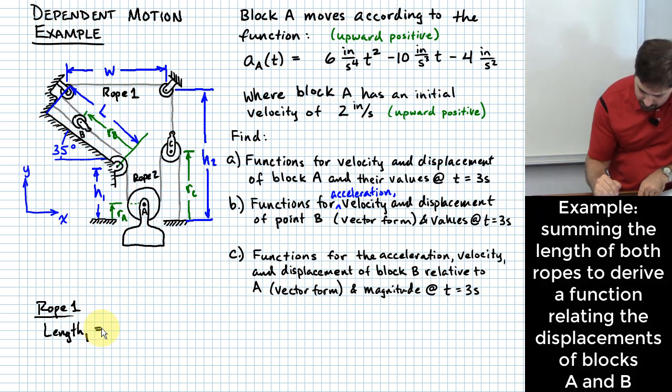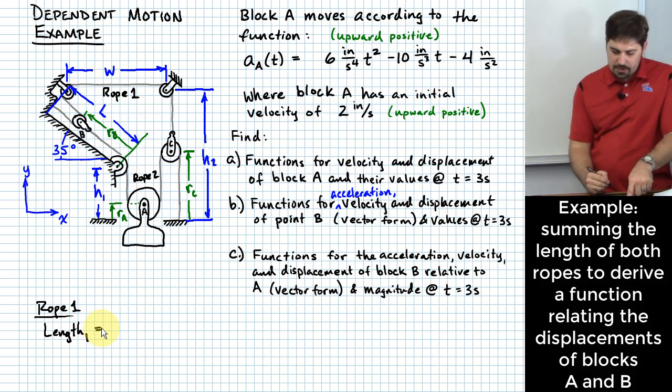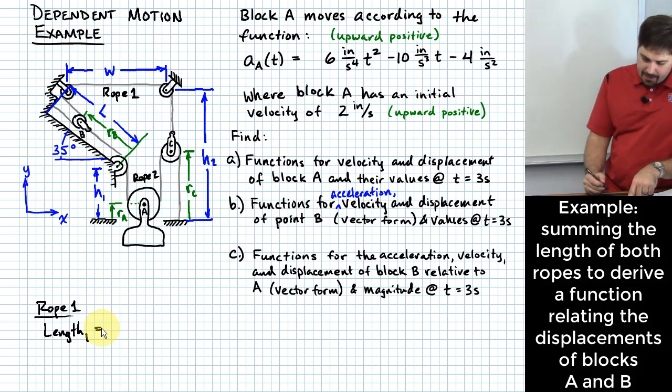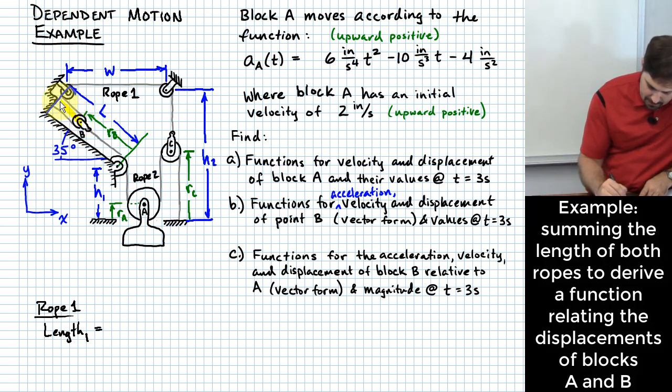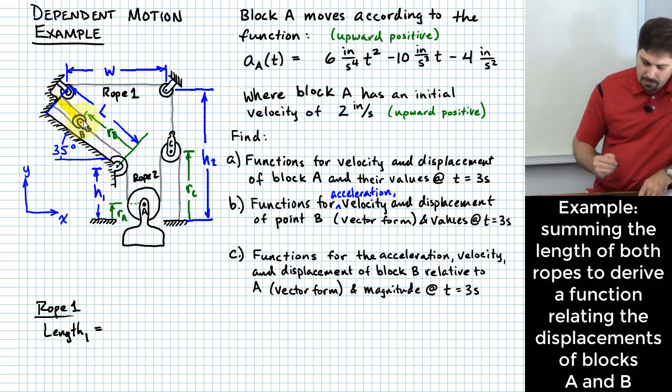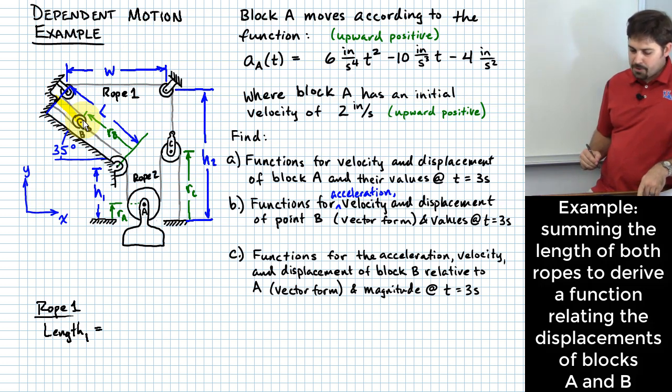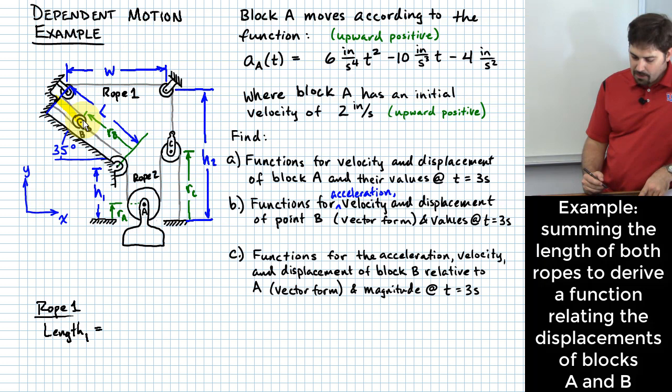Length 1 is going to be equal to... all right, the first one that we'll look at is how far is it up here from B back to where the rope goes around that pulley. How far is that? Well, in terms of our variables, it will be L minus R sub B, right?